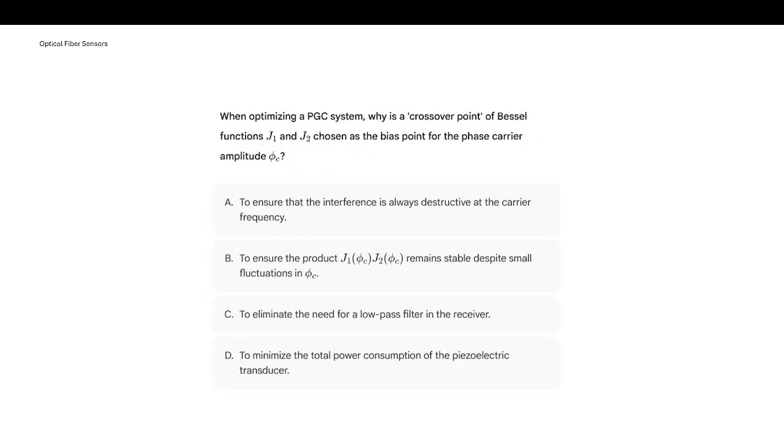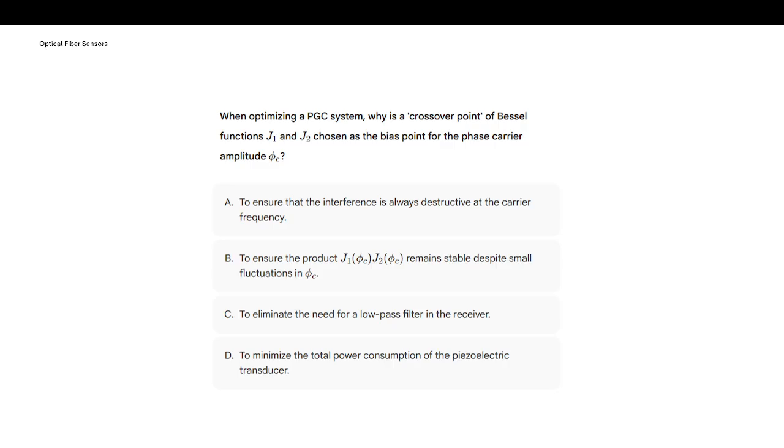Moving towards the second last question. When optimizing a PGC system, why is the crossover point of Bessel functions J1 and J2 chosen as a bias point for the phase carrier amplitude phi c?